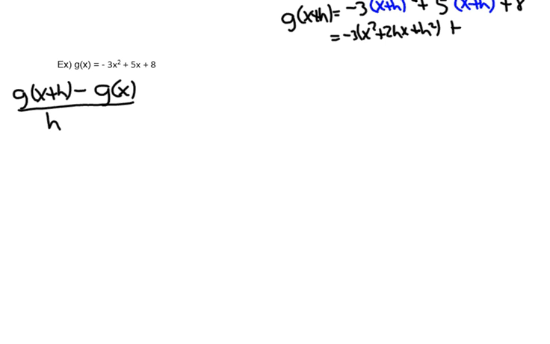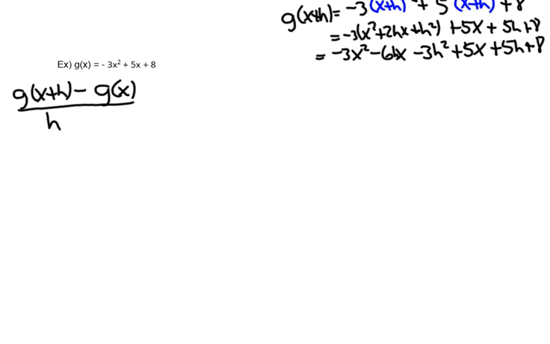And distribute the 5. Now, don't forget, I need to distribute the negative 3 now. Again, no like terms here. So there's my g of x plus h.